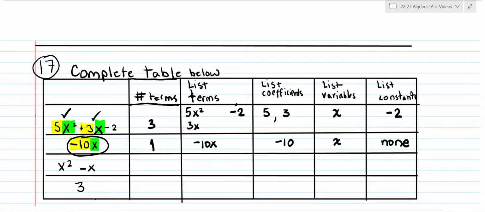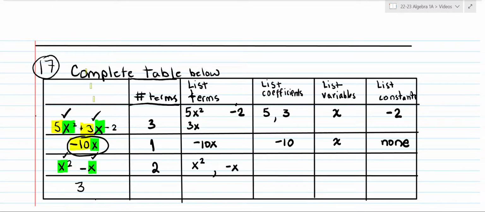All right, the next example. How many terms do we have? We have 2 terms. What are they? Well, the first term is x squared, and the next term is -x. The coefficients, well, both terms have variables. Here's the variable, here's the variable.